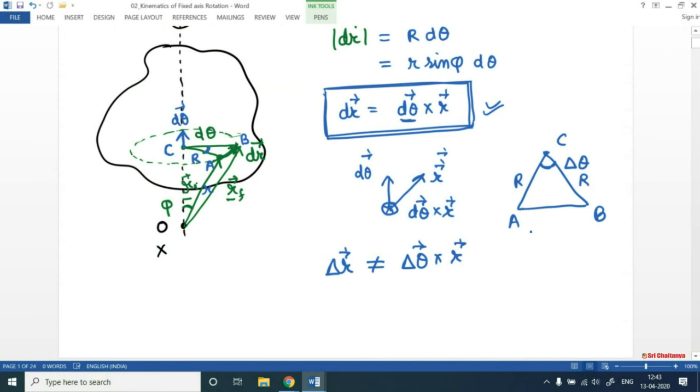So in this case, delta R, which is this length AB over here, will be simply 2R sine delta theta by 2, or you can say capital R can also be written as 2R sine phi into sine delta theta by 2. So clearly we can see, unless delta theta is very very small or tending to 0, we cannot have a relationship like this. So definitely delta r is not equal to delta theta cross r. So that is one of the things.